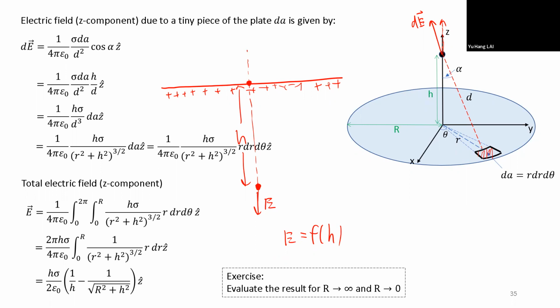But there is one example that seems to work. If I consider a sphere, a three-dimensional sphere, not just a circular plate, and I'm here, with this uniformly charged sphere, and I want to ask the electric field at that point.